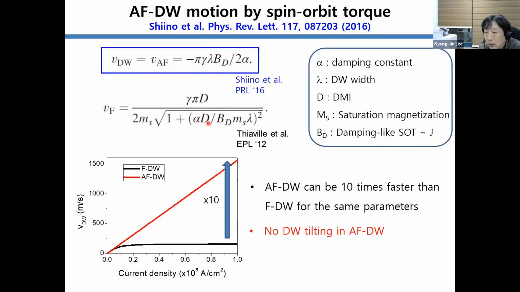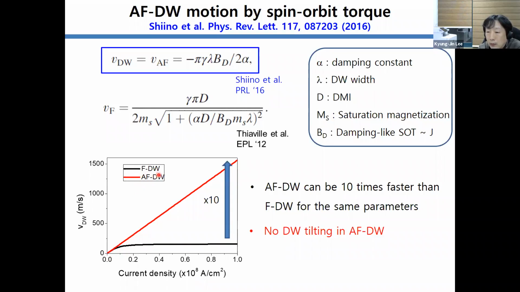Concerning the ferromagnetic domain wall motion, the equation is shown here in the presence of the DMI. It is a little bit complicated, and when I plot these two equations using the same parameters, I have this result. The ferromagnetic domain wall velocity first increases with current, but then saturates because of the balance between the DMI and SOT.